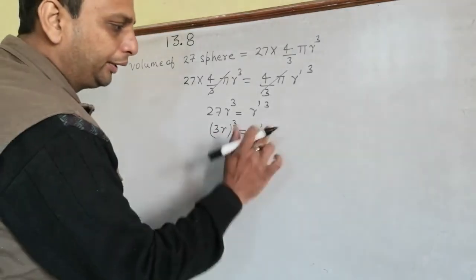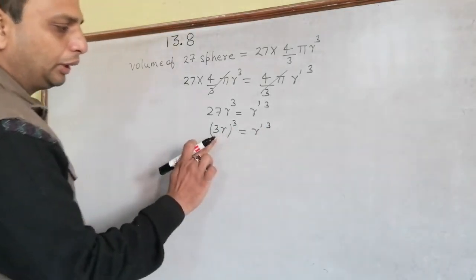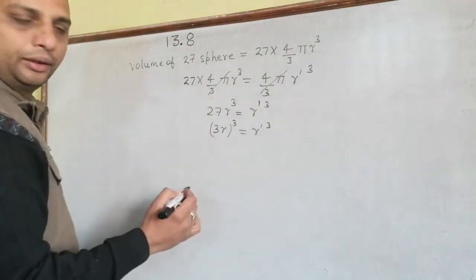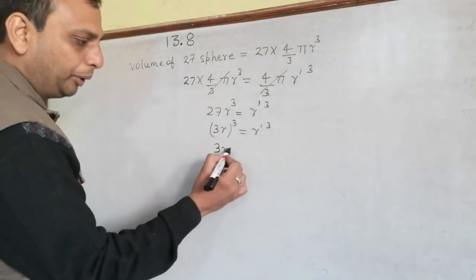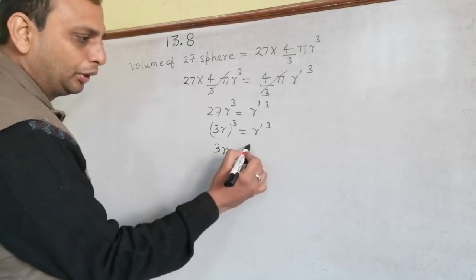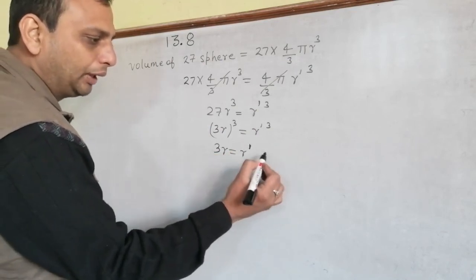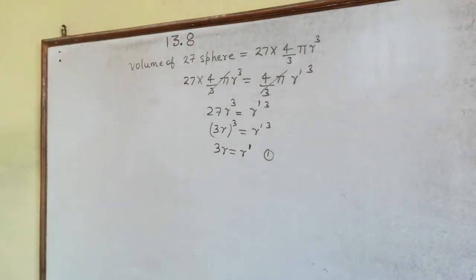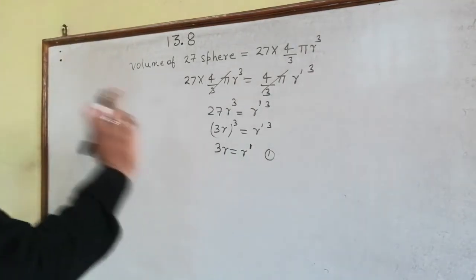So 3 cube is 27. Cube and cube will be cancelled. So 3r will be equal to r dash. So r dash value is 3r. So we got the radius of the new sphere, r dash.